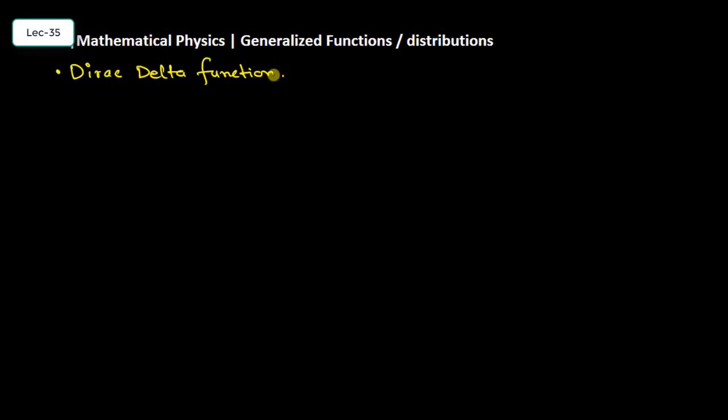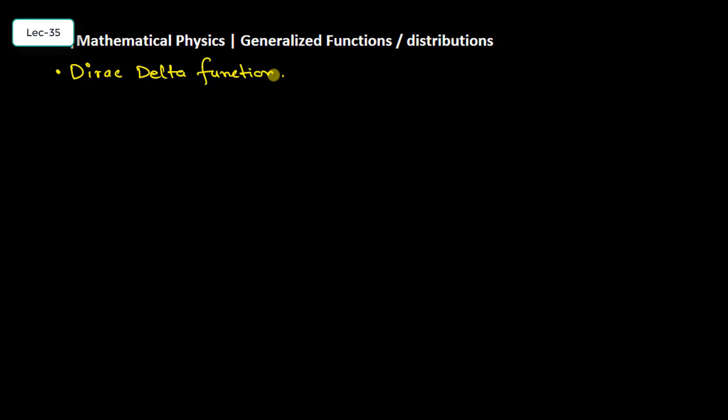Okay, so now let's study lecture number 34 by continuing the previous topic. The topic we will study is the Dirac delta function. For this video, we will mostly focus on some basic concepts.